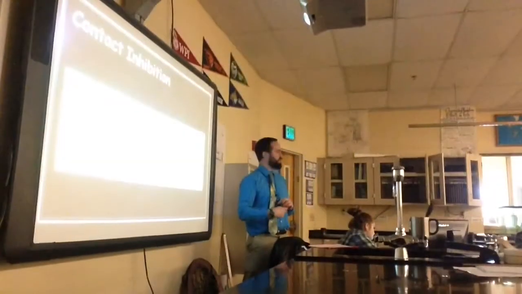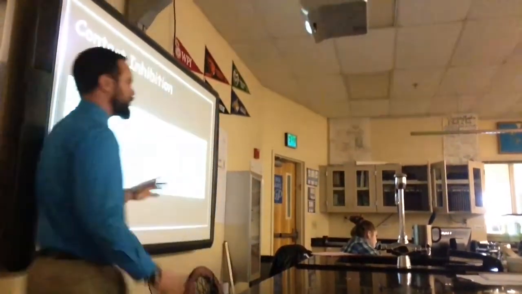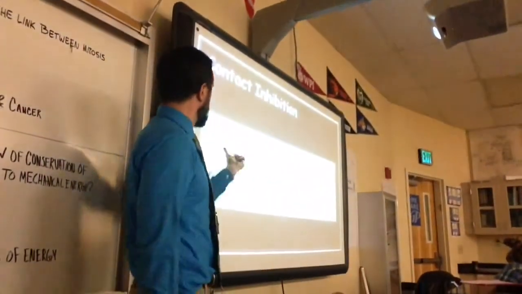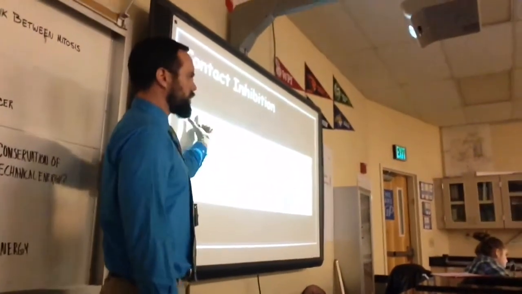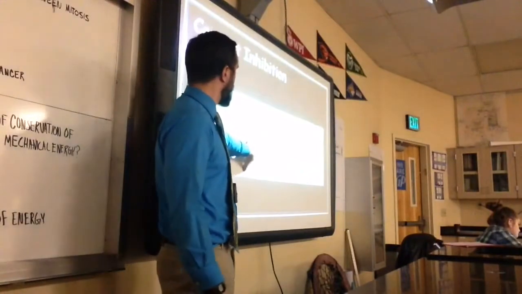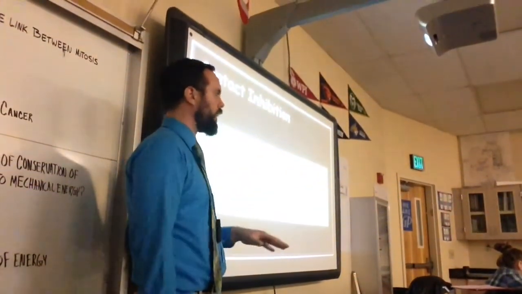This is an example of contact inhibition. These are cells grown in a petri dish, on kind of like that gelatin that we had for doing our lab. You can grow a single layer of cells on there, going from just a couple of cells in culture to completely filling the dish. Once it fills up, the cells stop dividing and go about living their life as they're supposed to.